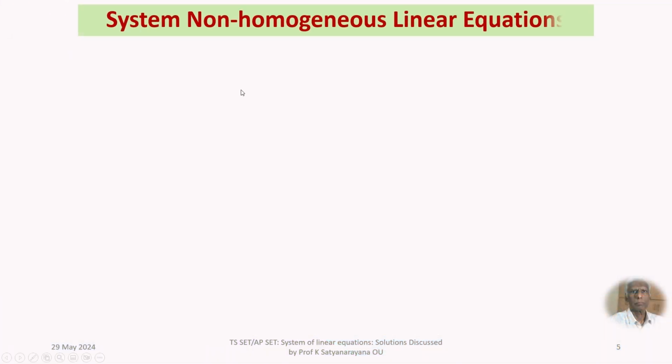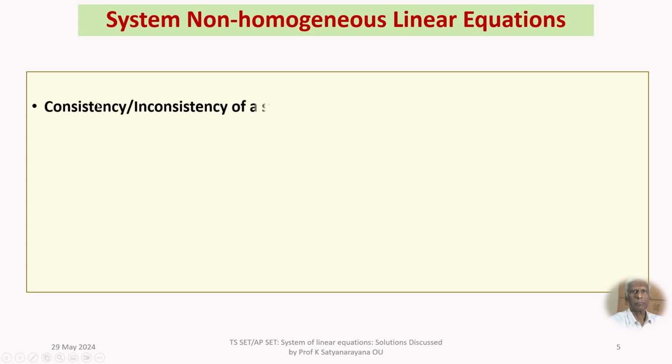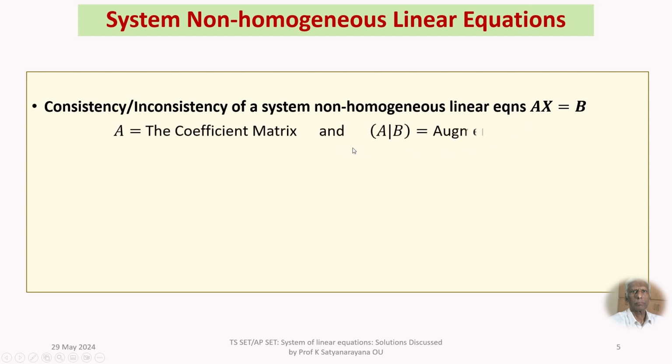We first discuss the criteria for a system of non-homogeneous linear equations to be consistent or inconsistent. Consider a system whose matrix equation is AX = B, where A is called the coefficient matrix and the matrix A along with the column vector B is called the augmented matrix.